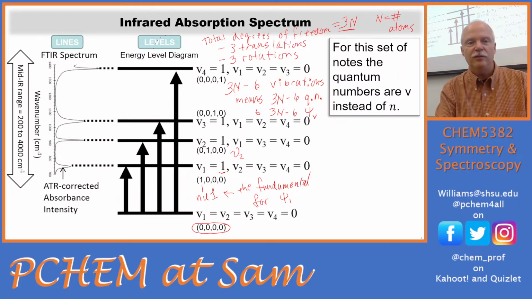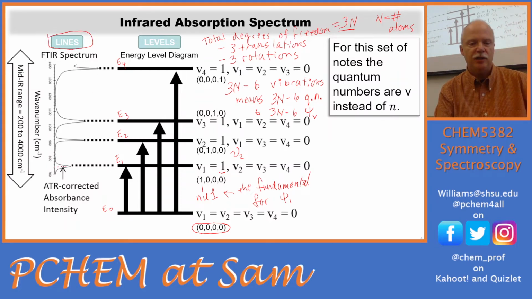Notice these are the energy levels. This is energy 1, so this might be energy 2, energy 3, energy 4, E0 for everything. And so the spectrum is giving us the spectral lines, which are the differences in these energies.